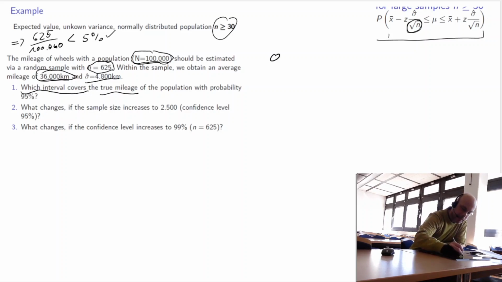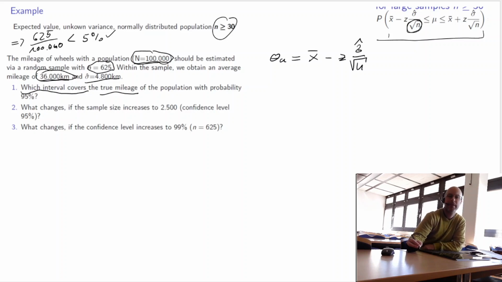So theta A, the lower limit, just equals x bar, our estimator, minus z times the standard deviation over square root of n. So, what do we have to insert for our variables here?